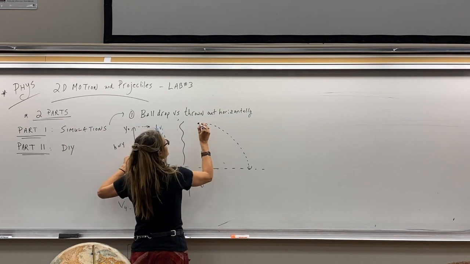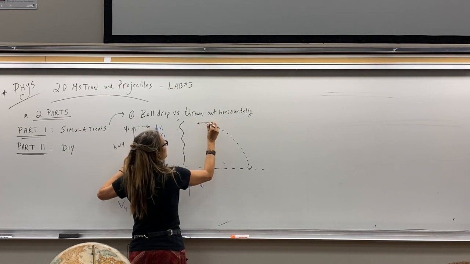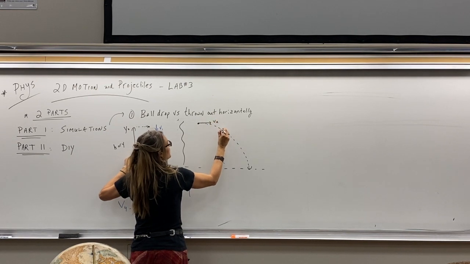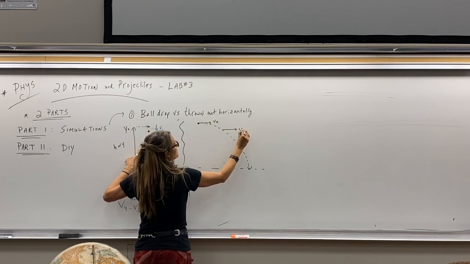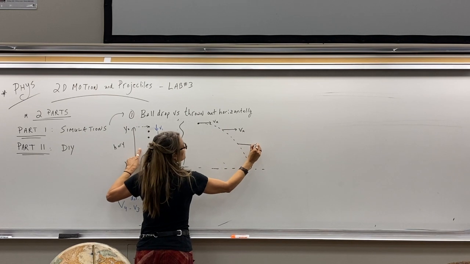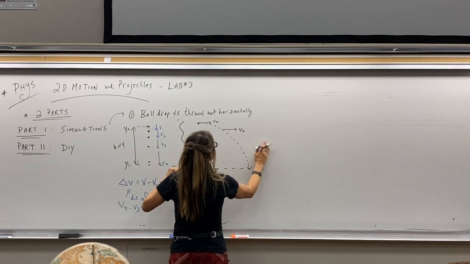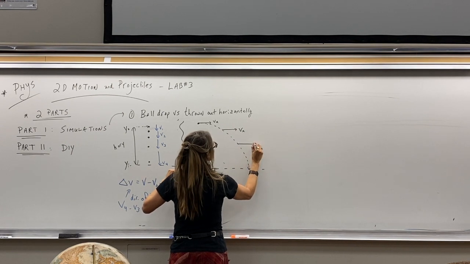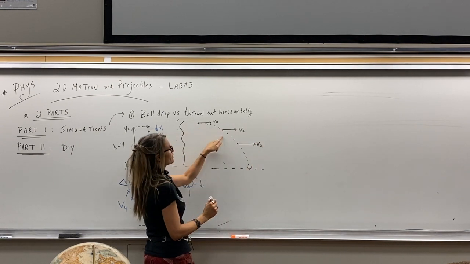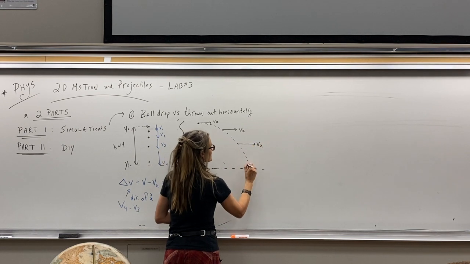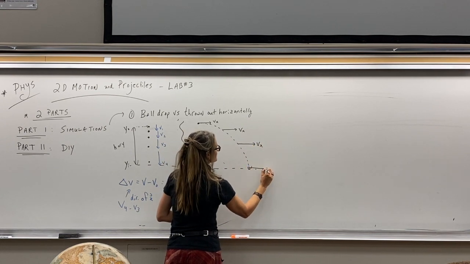So it's going to move outward with a constant horizontal velocity. Excuse my drawing. I'm trying to show my Vx vectors are exactly the same in size.